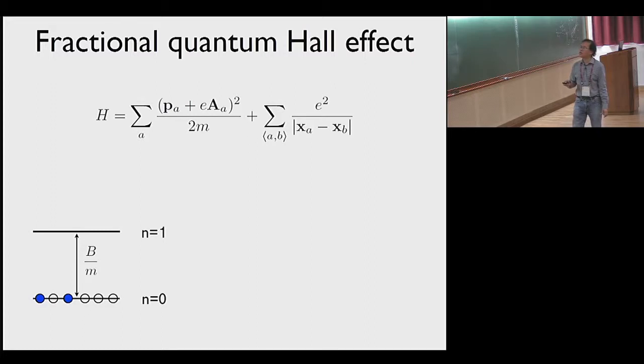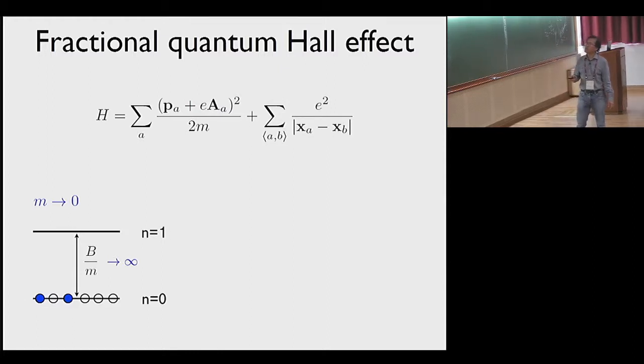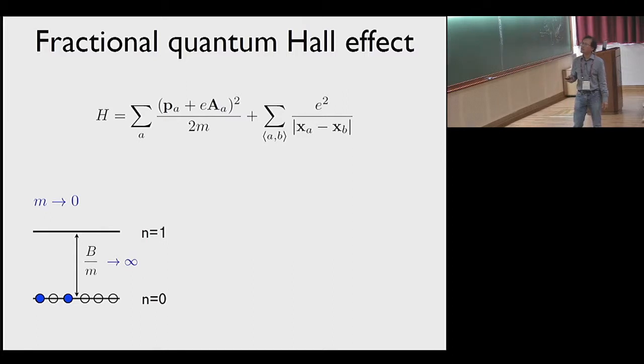One energy scale is the distance from one Landau level to another, B divided by M. And another energy scale is the scale of the interaction between the particles in the lowest Landau level. The non-trivial limit can be taken if we take, for example, M to 0. It's not a limit usually taken in experiments, but it highlights the independence of the 2 energy scales.